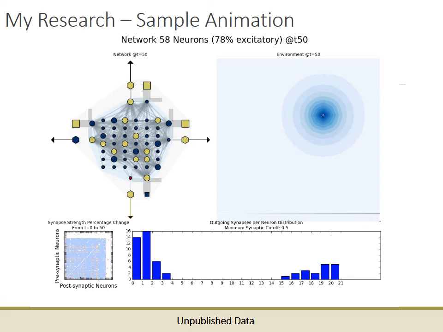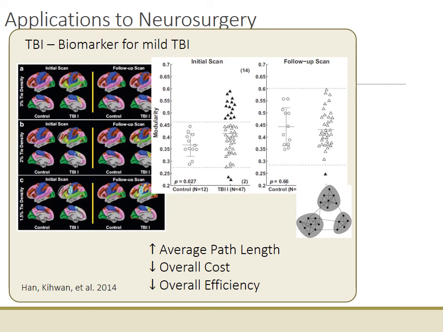Now, the mouse did not find the food, but I think the illustration still shows that we can get these small world networks using simple Hebbian rules. Now, there's some more work to be done, so don't take that to the bank.